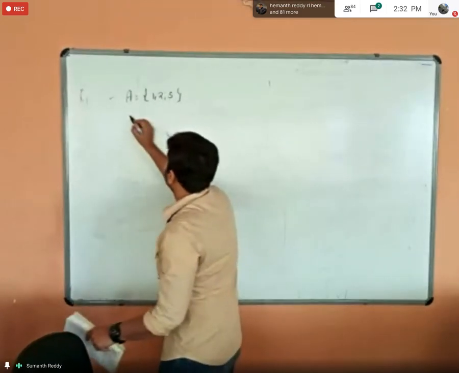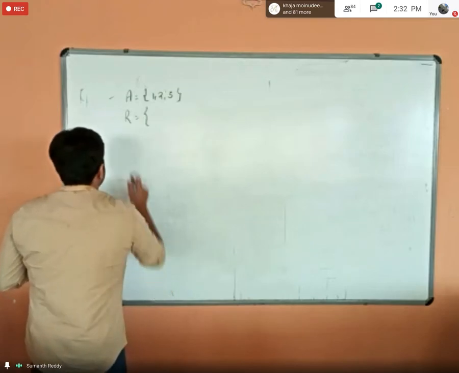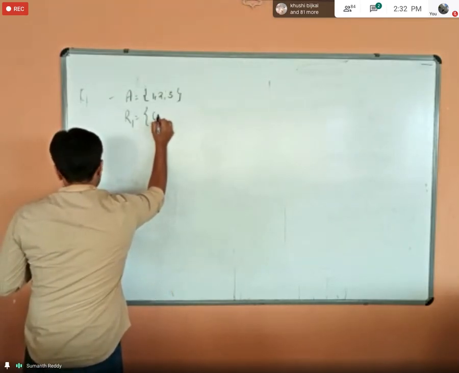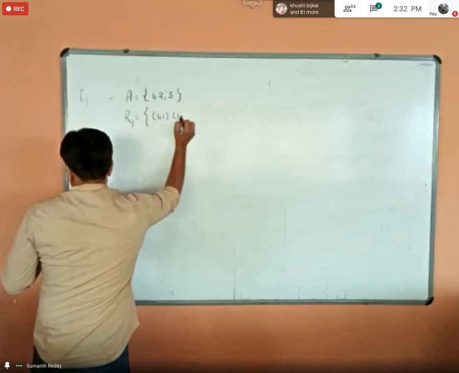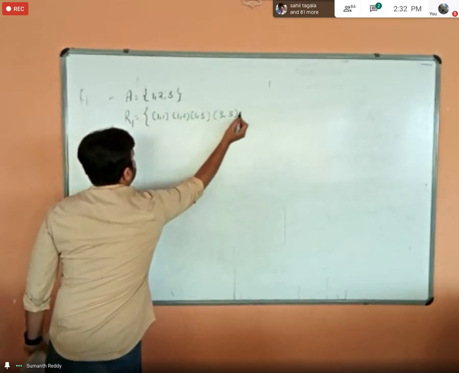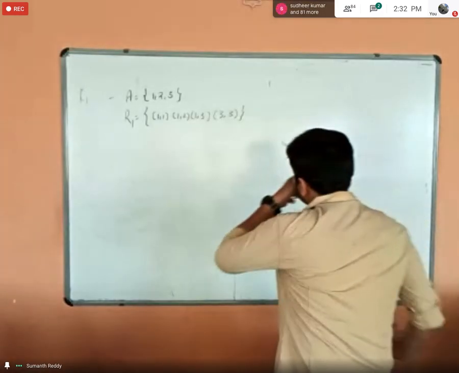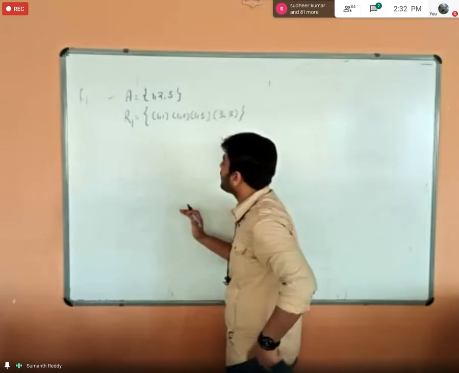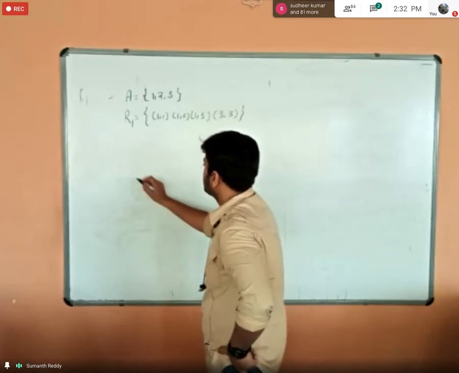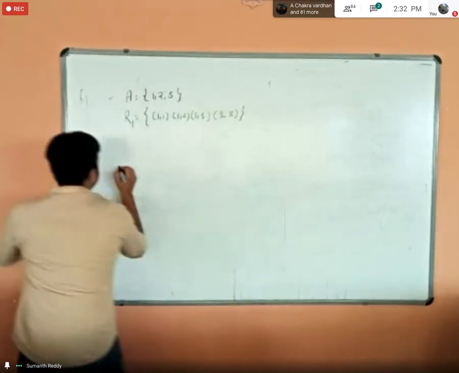So now I'll give you one relation. You just have to tell the nature of the relation. For the relation R1, which contains the ordered pairs 1 comma 1, 1 comma 2, 1 comma 3, 3 comma 3, I want you to tell the properties. So I'll list out all the properties. Let me write here.